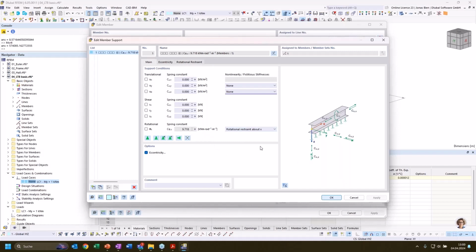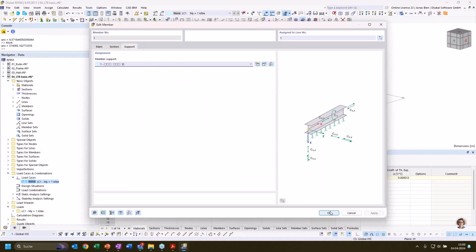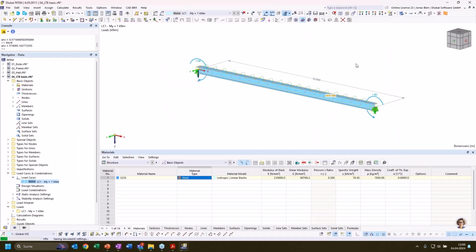We have now calculated directly some stiffness for the rotational restraint from our trapezoidal sheeting, and we could consider this in the stability analysis. By default, these fictitious stiffnesses, so the trapezoidal sheeting in this case, would only be accounted for in the design add-on.